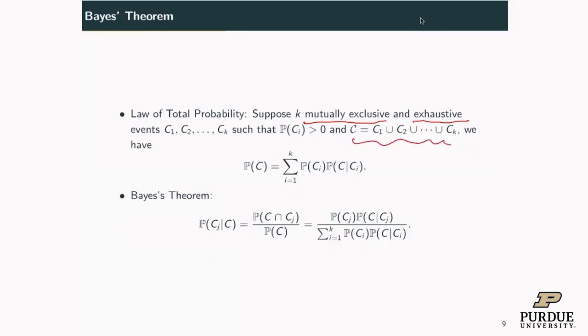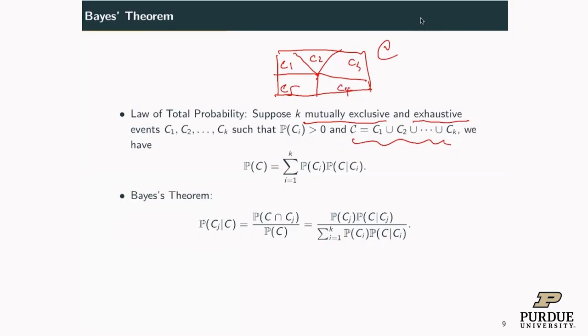If you give me any set C, the probability of C is equal to this. This is very easy to see. For example, I can use a Venn diagram. This is the total sample space. Here are C1, C2, C3, C4, C5, so k is 5.